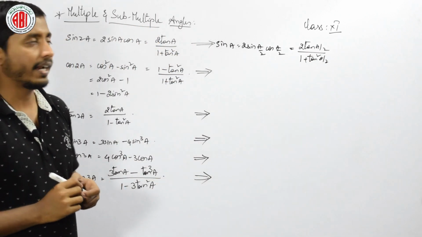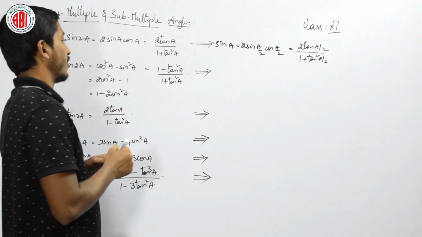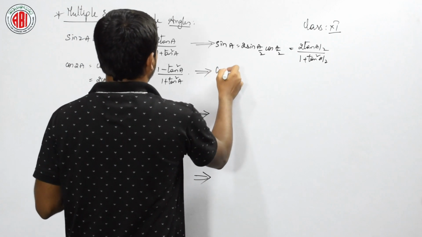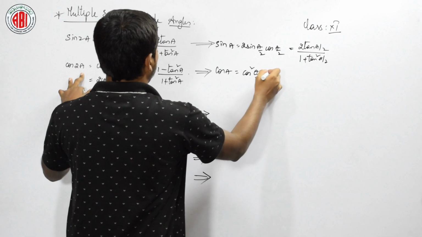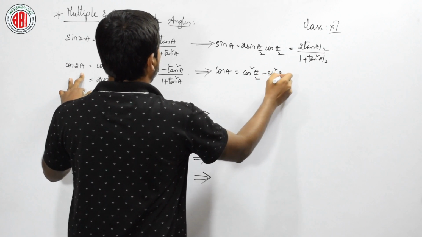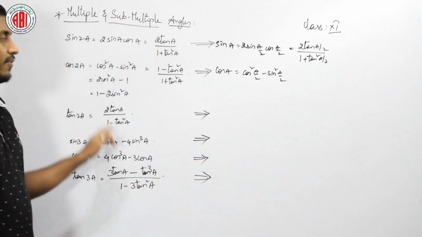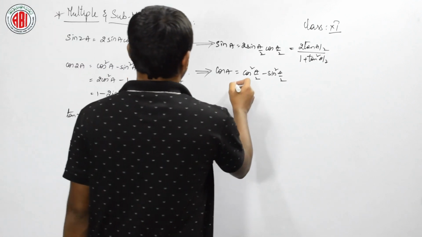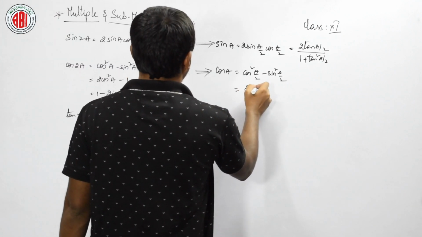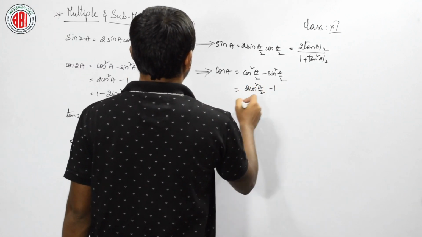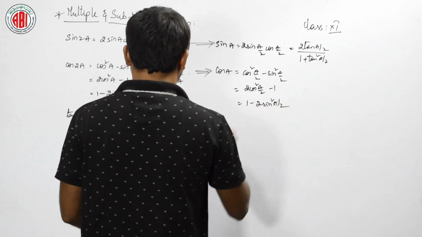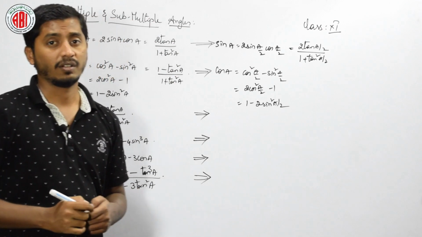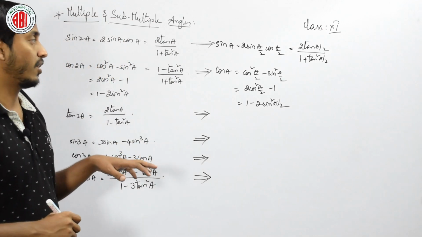Next, cos A can be written as cos square A by 2 minus sin square A by 2. Similarly, this can be written as 2 cos square A by 2 minus 1, that is equal to 1 minus 2 sin square A by 2. Hope you can understand such kind of problems.